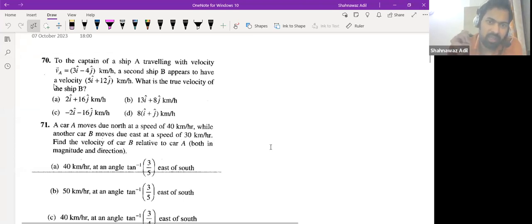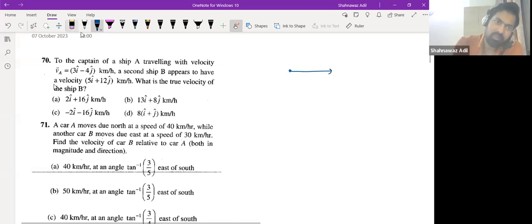So this is the 70th question. The captain of a ship A traveling with velocity VA. So we have ship A which is traveling with 3I minus 4J velocity.